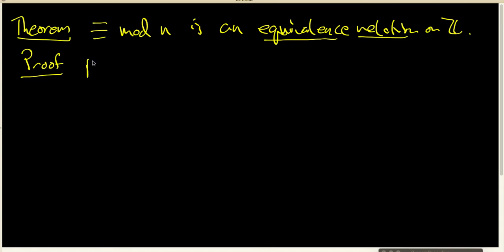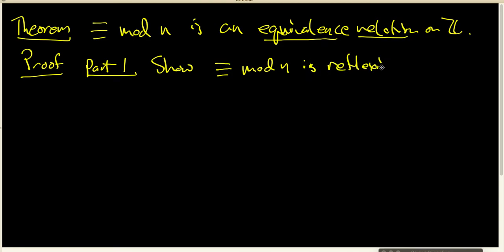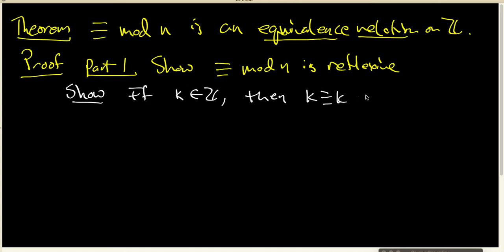So part one of my proof is I want to show congruency mod n is reflexive. In other words, what I need to do is show that if k is any integer, then k is congruent to itself modulo n.